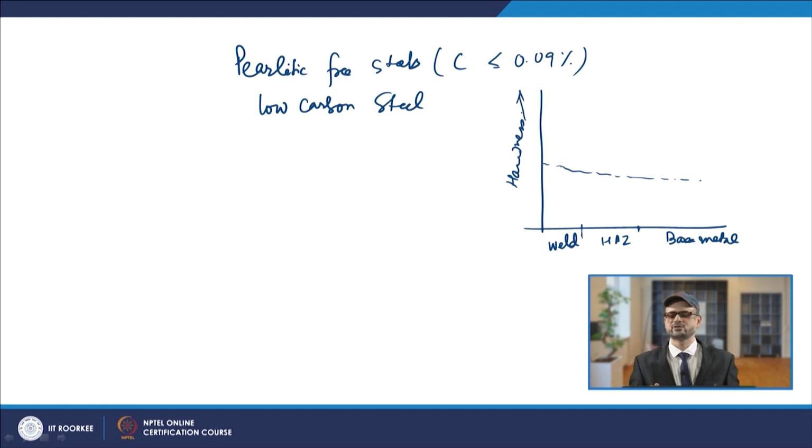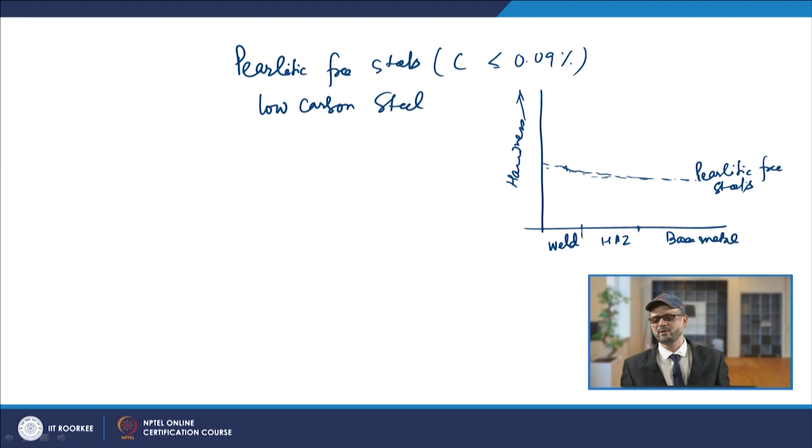The hardness is on the ordinate and the distance along the length is on the abscissa, so you will have the weld metal zone, then the HAZ, and later the base metal. For the pearlite-free steels, where the carbon is very low, this is how the variation goes.